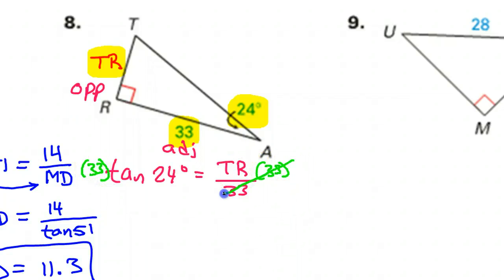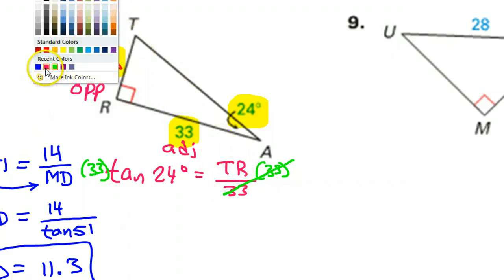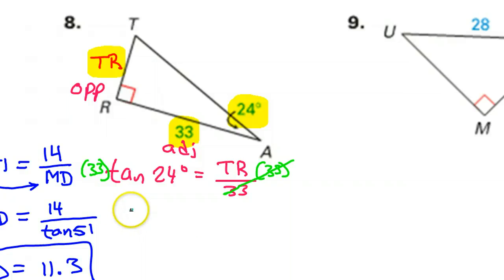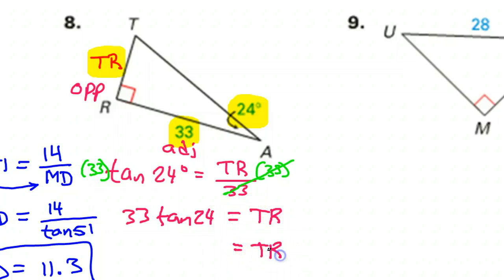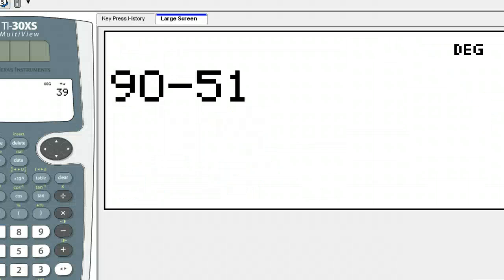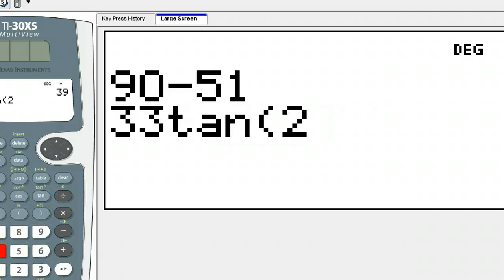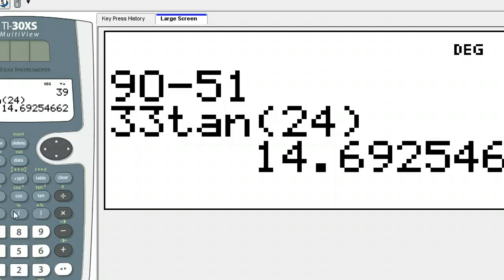That way these 33s will cancel out, and we will have 33 tangent 24 is equal to TR. Okay, so I can just put this in my calculator. So that gives me 14.7, got to round up.